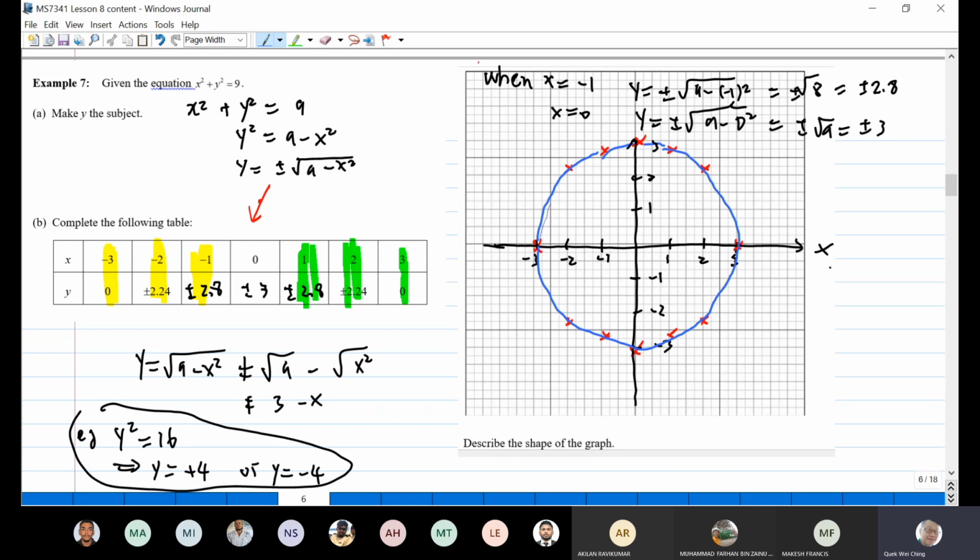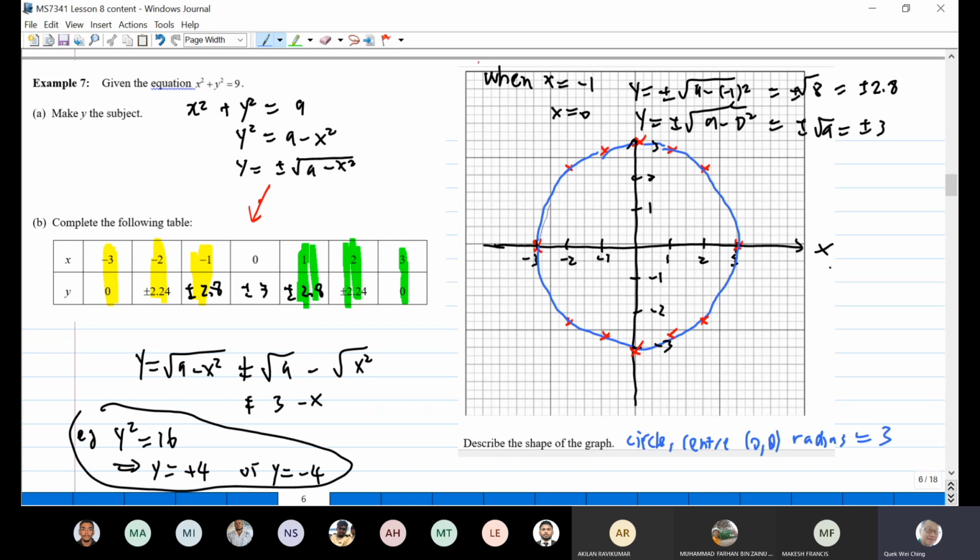And you can see from the circle there how to describe the shape here. This is a circle here. So this is a graph, it's a circle, center at origin, okay, center origin 0, 0, and the radius is 3, right? From 0, 3, I can see that radius is 3 there.